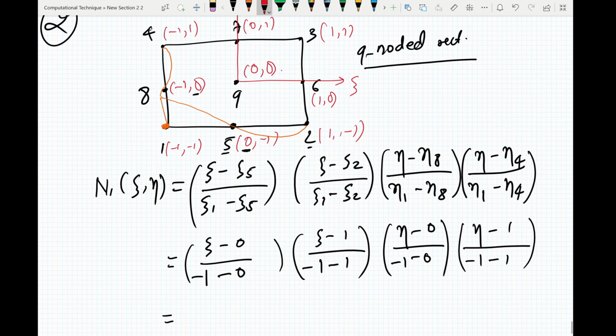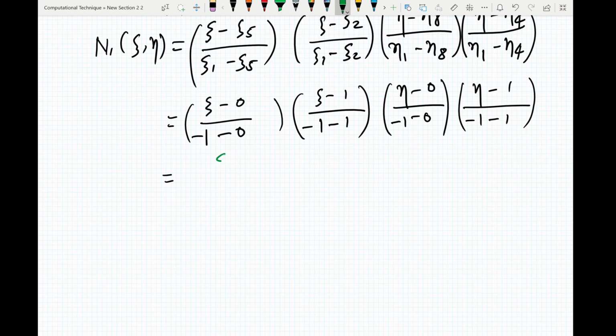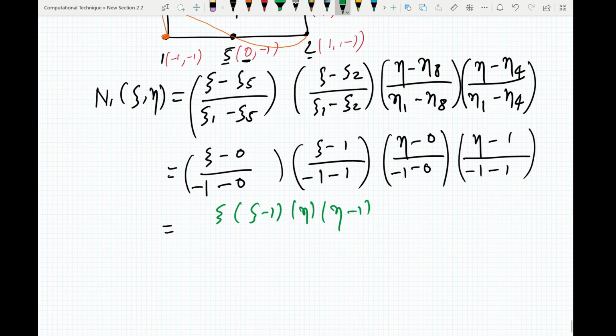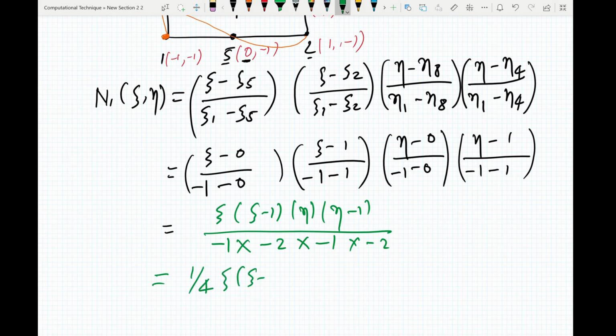So this is xi minus 1, eta minus 1, and in the denominator minus 1 times minus 2 times minus 1 times minus 2, that's 4. So we get 1 by 4 times xi minus 1 times eta minus 1.